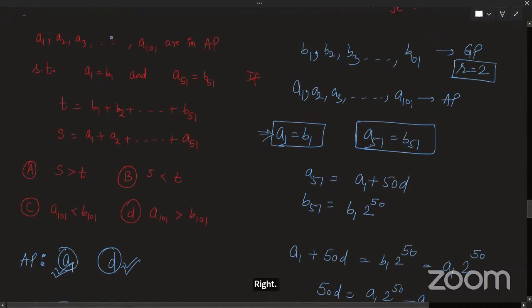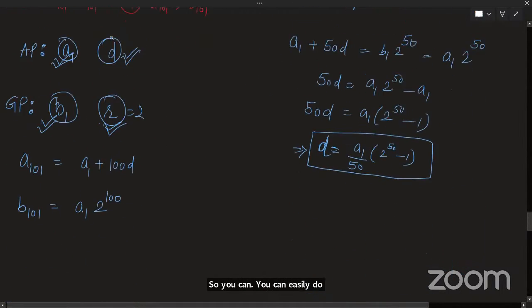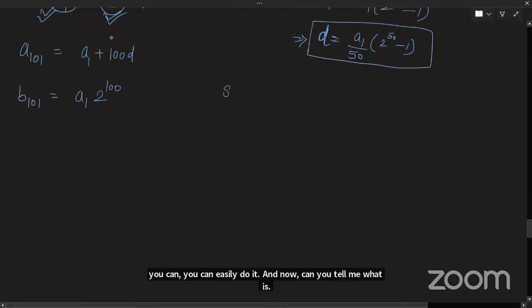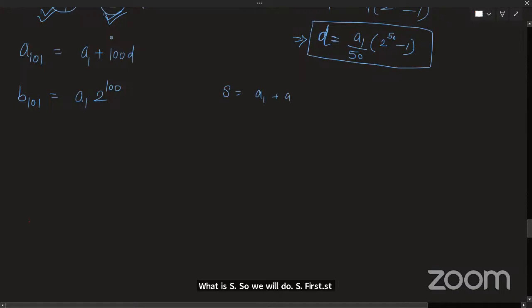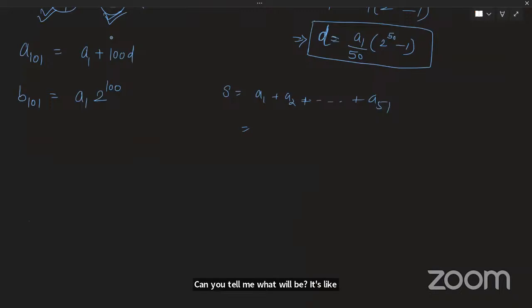Now, what is S and T? We will do S first. S is basically A1 plus A2 and so on till A51, the sum of first 51 terms of the AP.